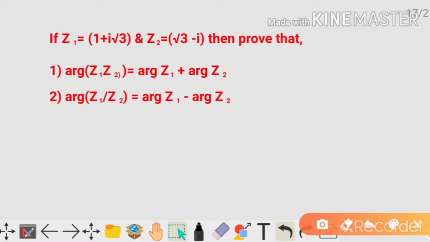Here Z1 equals 1 plus i root 3. That means x is equal to 1, which is positive, and y is equal to root 3, which is also positive.